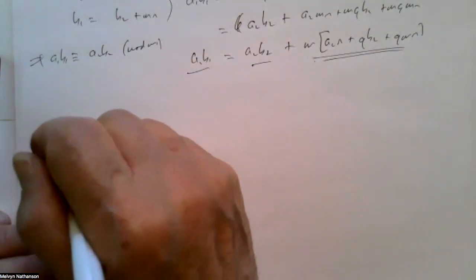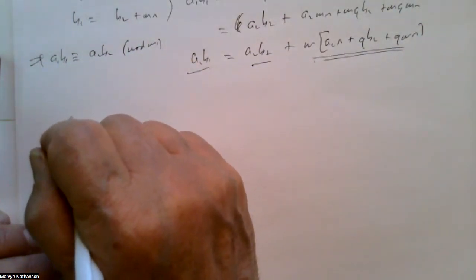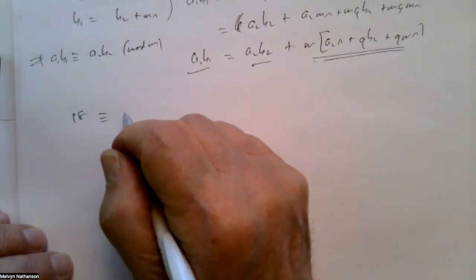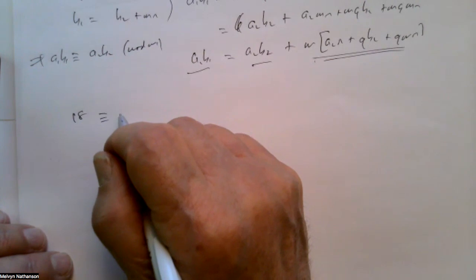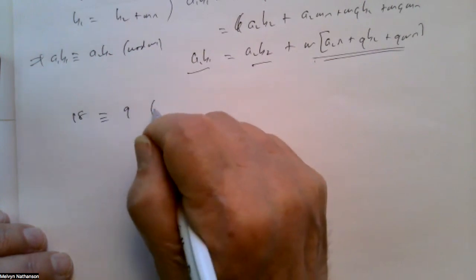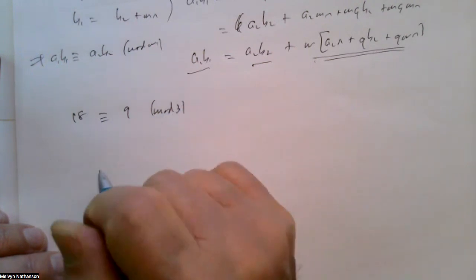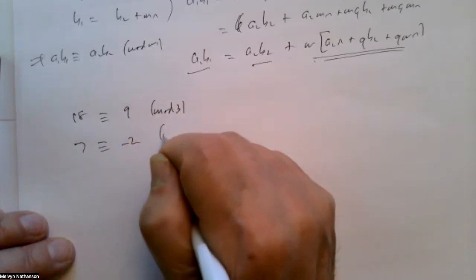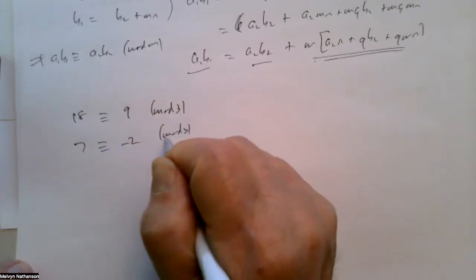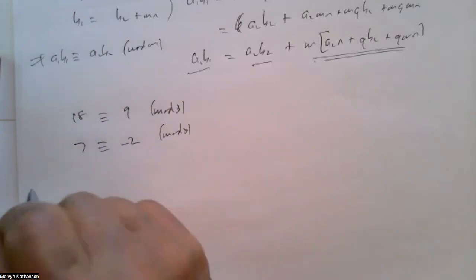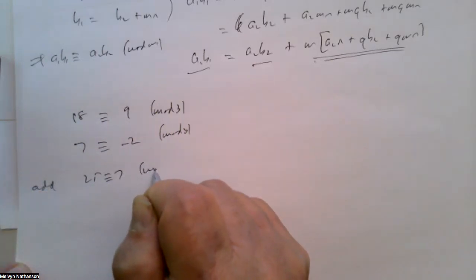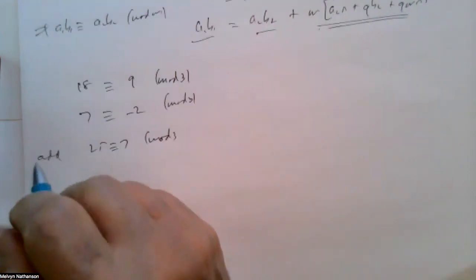You have, for example, 18 is congruent to 9 mod 3. 7 is congruent to 2 mod 3. If we add, we get 25 is congruent to 7 mod 3.